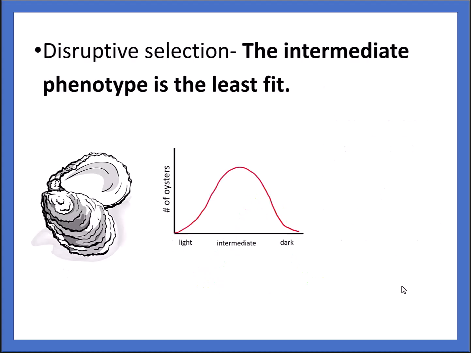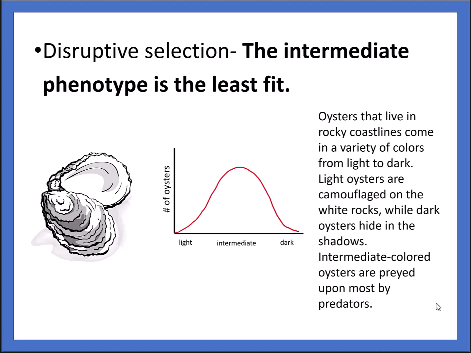And the third method of changing genes in a population or shifting genes is disruptive selection. The intermediate phenotype in this situation is the least fit. So if we are looking at oysters that live in rocky coastlines, they come in a variety of colors from light to dark. Light oysters are camouflaged on white rocks, while dark oysters hide in the shadows.